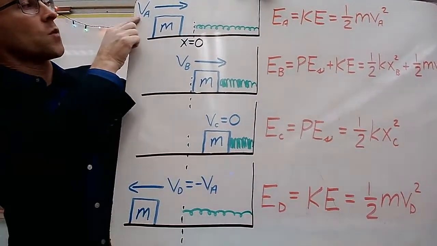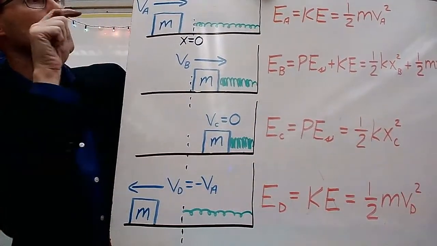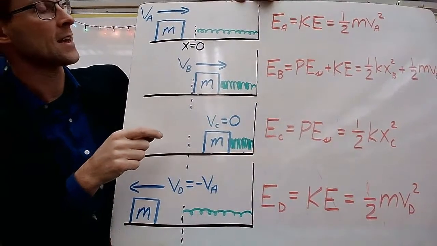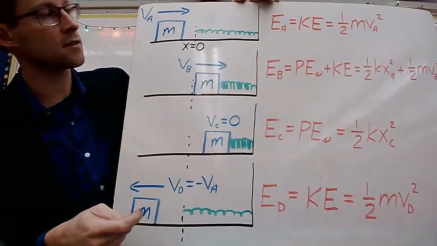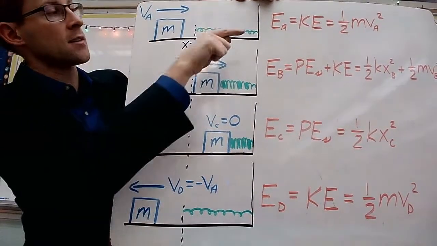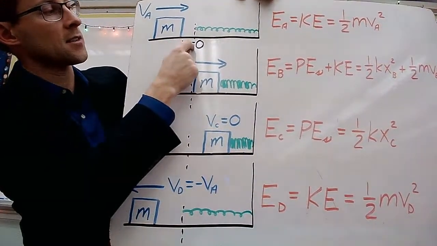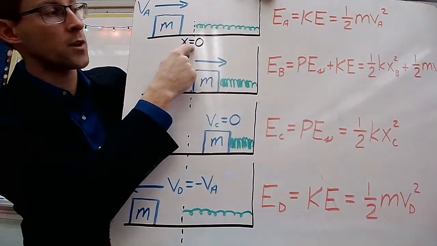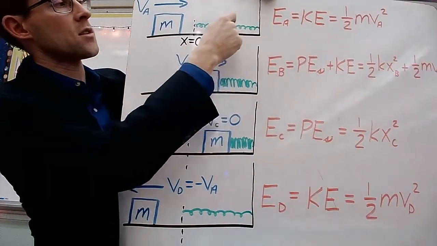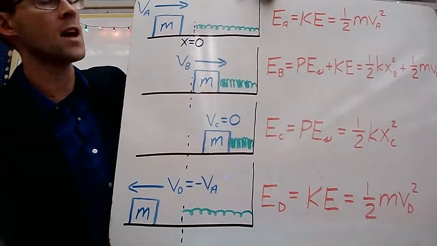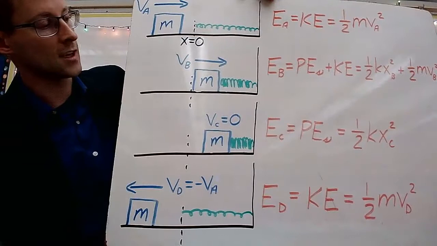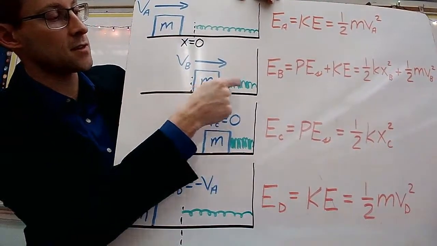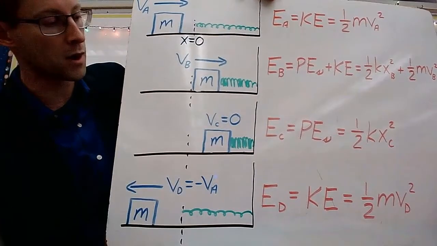So here we've got this mass. It is moving to the right. And the mass is in blue. This green thing is a spring. So this mass is headed towards that spring. X equals 0 is the equilibrium position, the spot at which this spring will just naturally be if nothing's pulling or pushing on it. Then here, in position B, you can see the mass has encountered the spring and it's starting to bunch up.